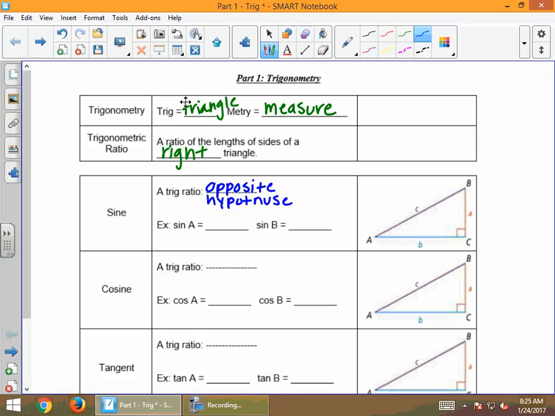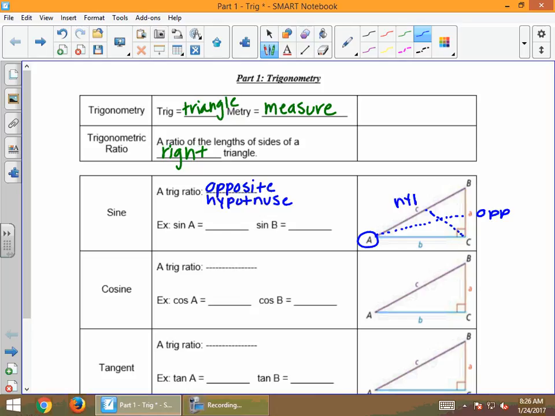To figure out what your opposite side is, let's say we're trying to find the sine of A. I like to circle my angle and then label the sides. If I start at my angle A and drag my pencil directly across, that's my opposite side. Then I go to my 90-degree angle, my right angle, and go directly across.